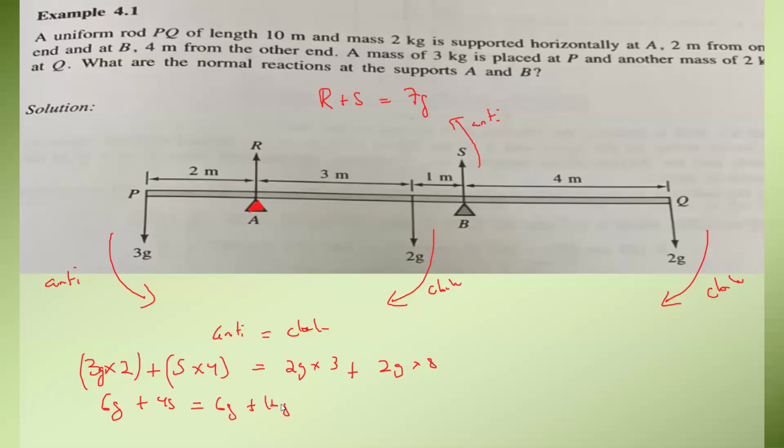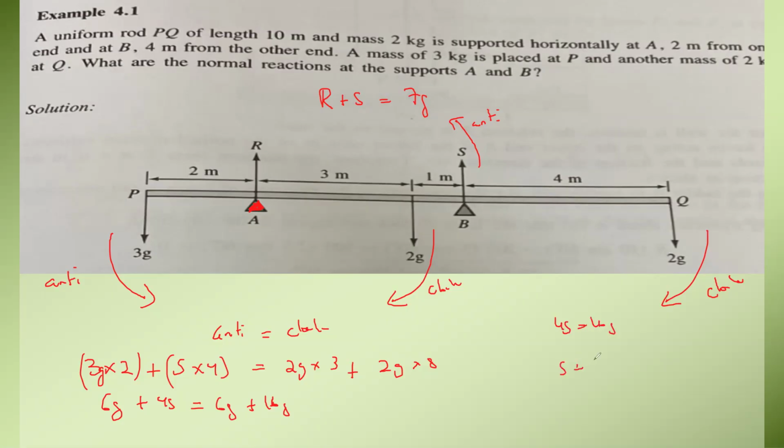Shouldn't we use the same way in the exam, like 2G? You can use G in terms of G, or you can also use the weights directly, like 19.6. So we just simplify this: 4S equals 16G.